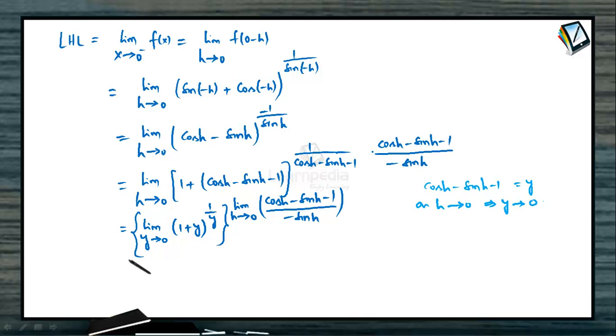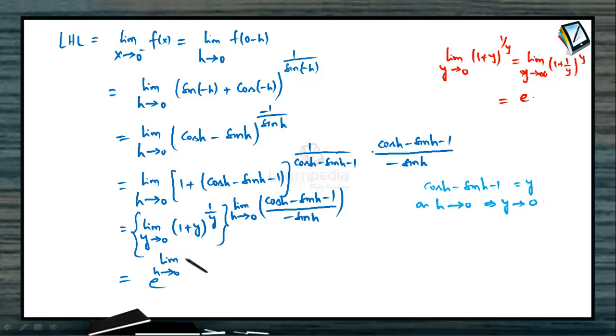Now what is this limit? It is purely in the form limit y tends to 0, (1 plus y) whole to the power of 1 by y. This is also same as, if you remember the formula, limit y tends to infinity, (1 plus 1 by y) whole raised to the power y, and both the limits are equal to e. Then this is e to the power of limit h tends to 0, (cos h minus sine h minus 1) by minus sine h.